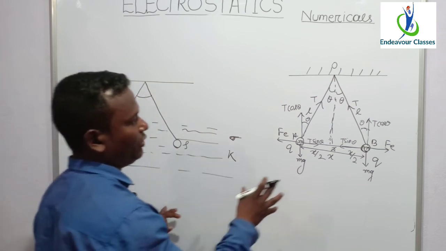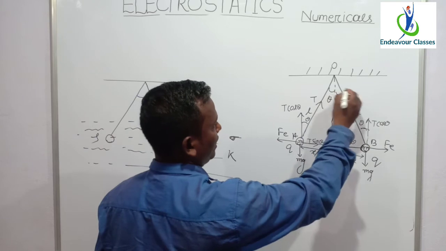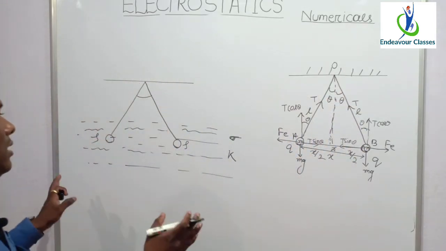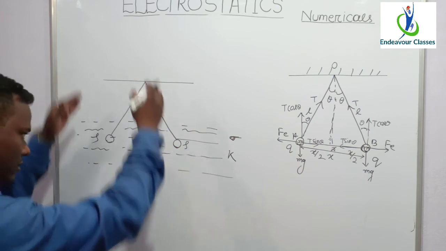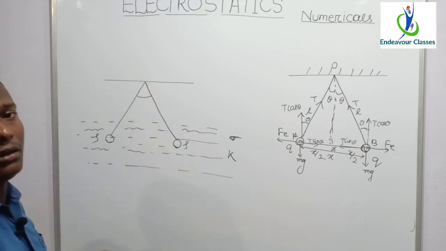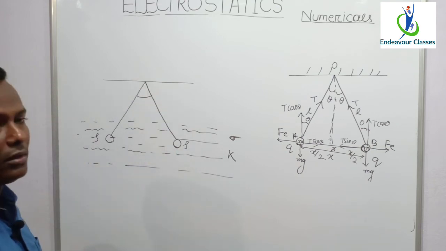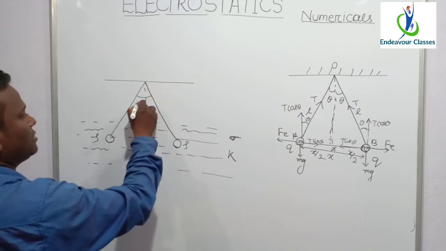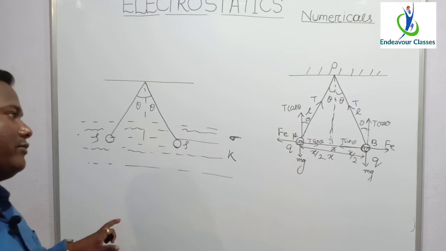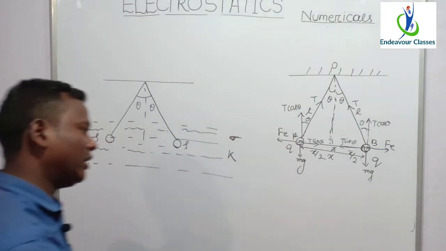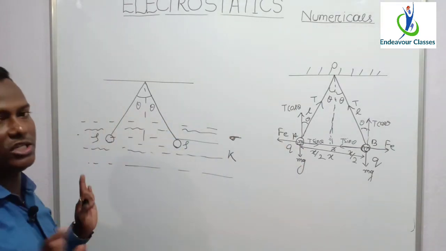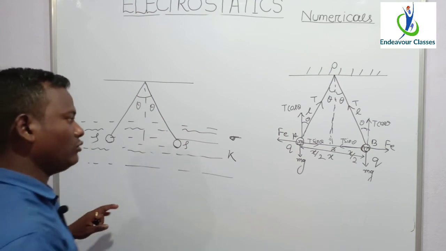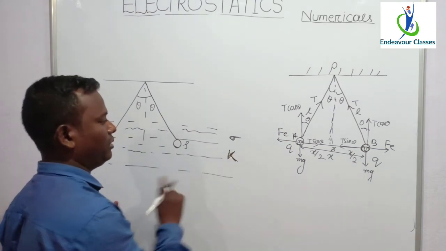That means when it was placed in air, suppose the total angle was theta, and when this is dipped in that liquid medium, the angle also does not change. That means here also this is theta and this is theta. So after dipping this entire system in that liquid, the angle does not change. So in that condition, you are asked to find out the dielectric constant of the liquid.